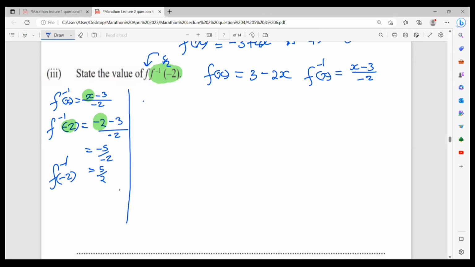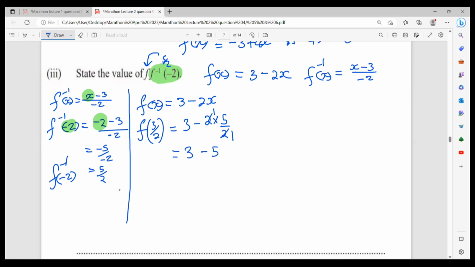That's all. Here's the f function. Now I want to do f of 5/2 or f of 2.5. Luckily, something is here to cancel easily. This cancels one, this cancels another. So you know what I'm left with? 3 minus 5, and I'm left with -2.